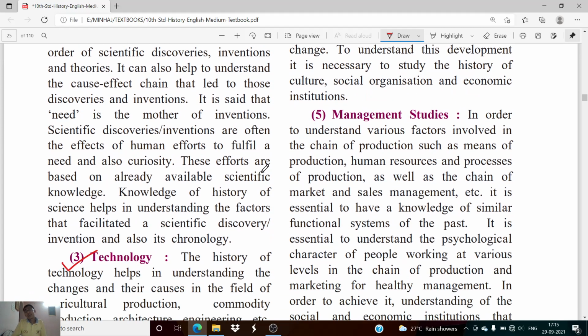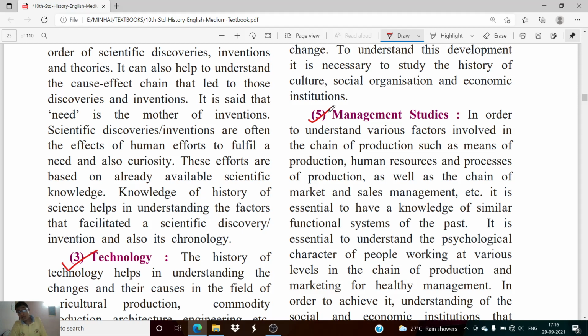Now the next field is management studies. In order to understand various factors involved in the chain of production, such as means of production, human resources and processes of production, as well as the chain of market and sales management, it is essential to have a knowledge of similar functional systems of the past.